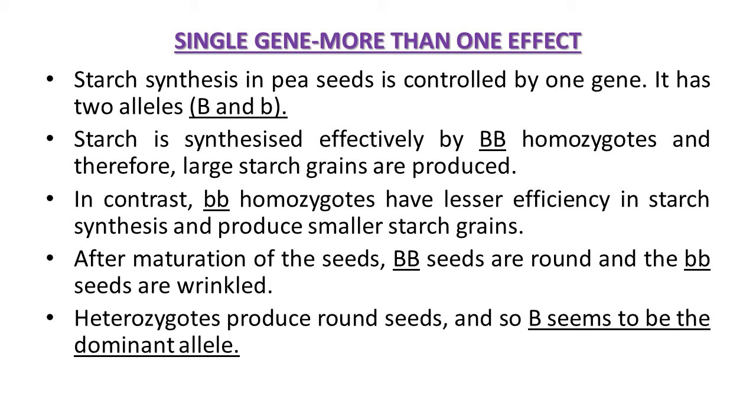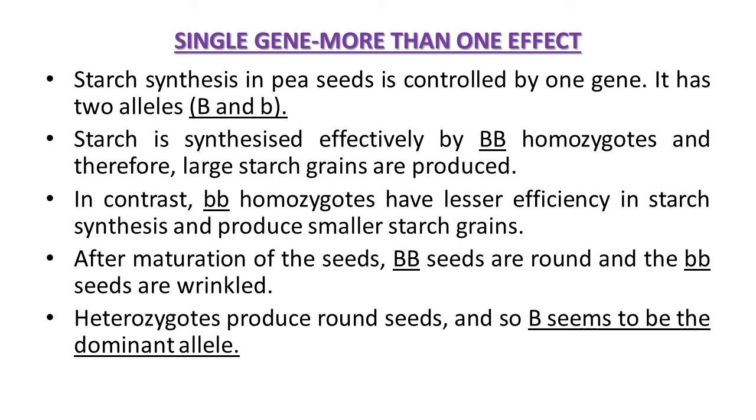After maturation of the seed, capital B seeds are round and small b seeds are wrinkled. So shape is also different.